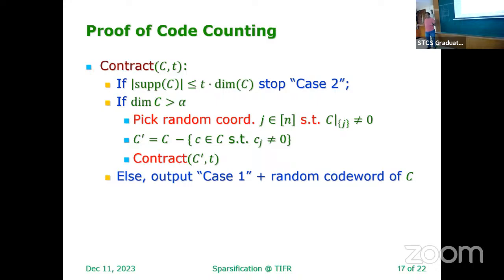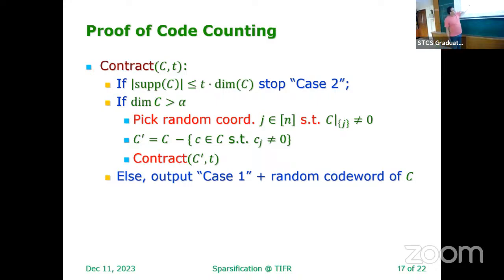We say we are in the case where there was a small subcode which had relatively large rate. Does this make sense? It's clear that whenever this process stops and says case 2, you actually found a small subcode with a small set of coordinates where a large rate code is supported. That's why we stop.